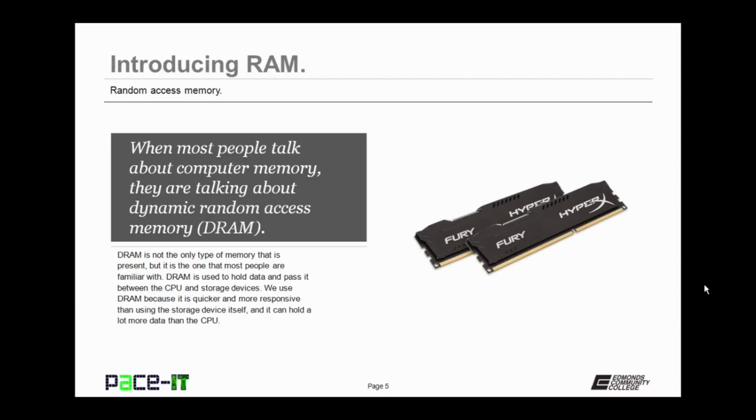DRAM is used to hold data and pass it between the CPU and storage devices. We use dynamic random access memory because it's quicker and more responsive than using the storage device itself, and it can hold a lot more data than the CPU. We commonly refer to dynamic random access memory as RAM, random access memory.